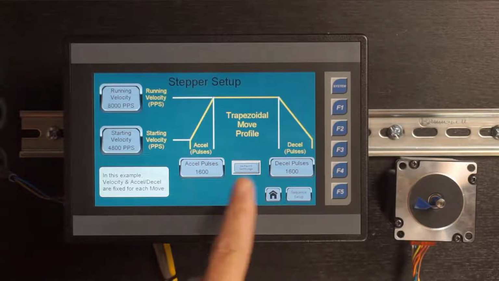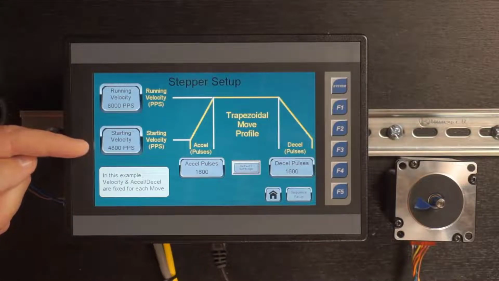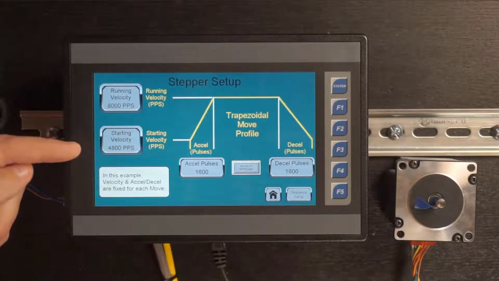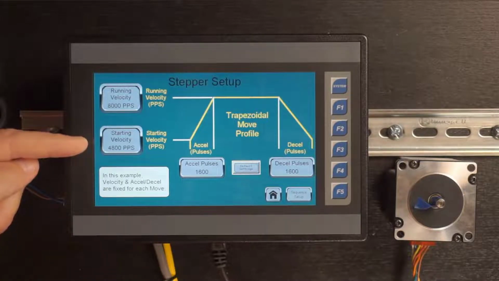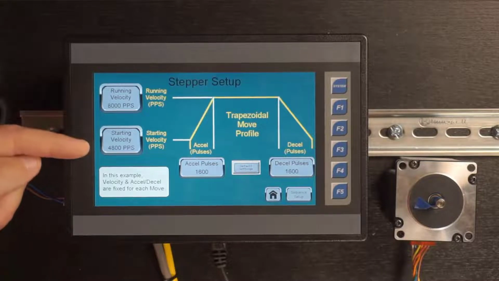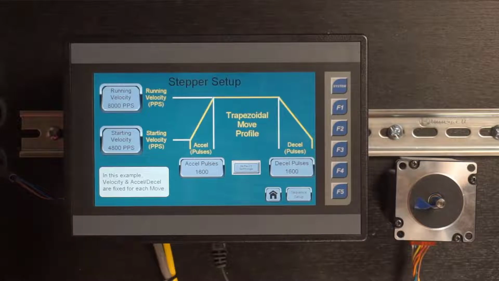So I'm leaving fixed accel and decel. I'm also leaving fixed the starting and running velocities. Now, at 1600 pulses per revolution, this is basically 3 revolutions per second as my starting velocity, and 5 revolutions per second is my running velocity, just to give you an idea of what those numbers relate to.